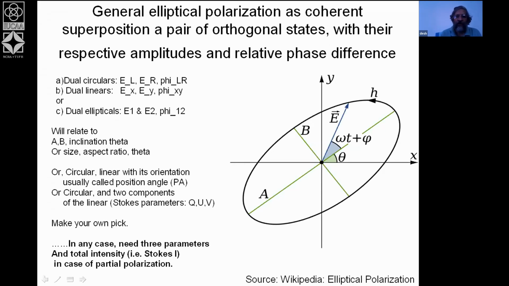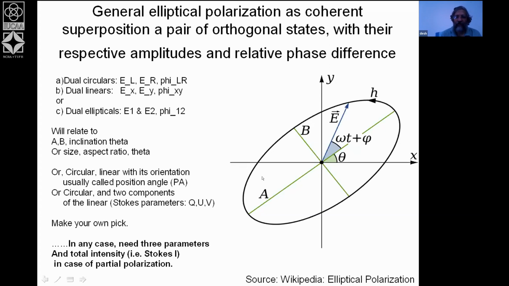Now, if you don't like this description, you might want to relate that to things like the parameters of the ellipse, which will be semi-major axis, semi-minor axis, and the inclination of the semi-major axis, or an overall size, and then aspect ratio and theta, this inclination. You might even want to choose a pair like the amount of circular and the amount of linear polarization and its orientation.